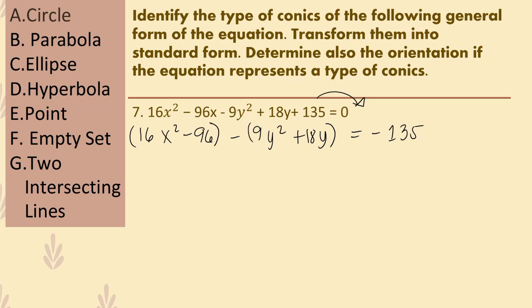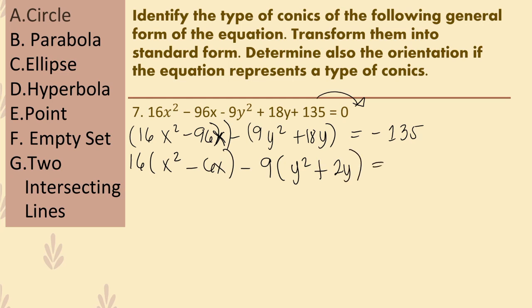Then, factor out lang natin to. So, 96x yan. So, labas natin yung 16. X squared, 96 divided by 16, 6x. Minus 9, labas natin yung 9. Then, y squared plus 18 divided by 9 is 2y. Is equal to negative 135.